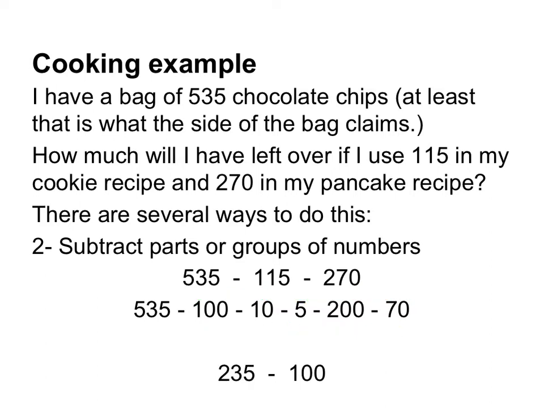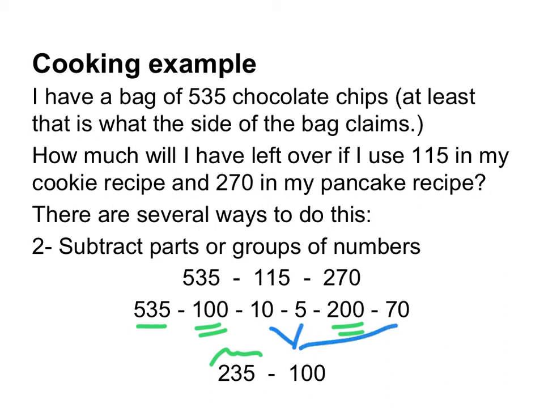So I take my 535, I've subtracted my 100, and I've subtracted my 200. So my 535, I subtracted the 100, that made it 435. Subtract 200, that made it 235. So that's where this number is coming from. And then what I was saying before about minus 10, minus 5, minus 70 is about minus 100. I'm rounding.